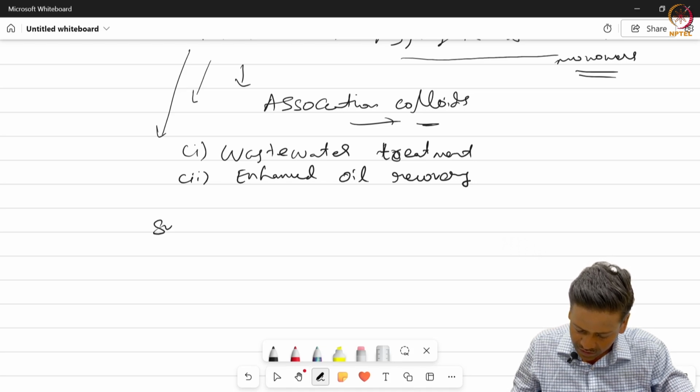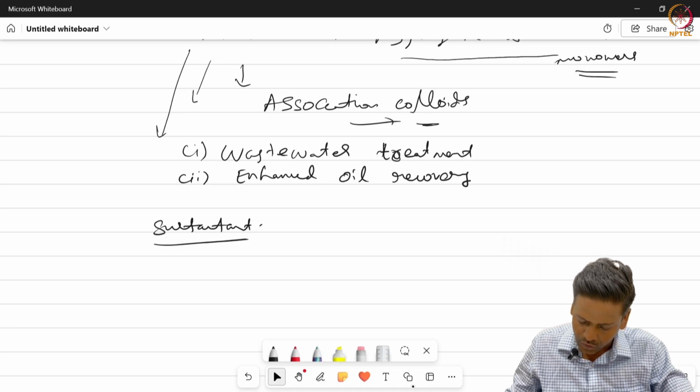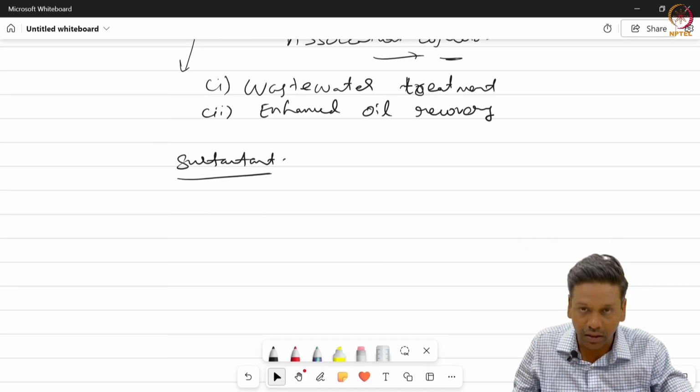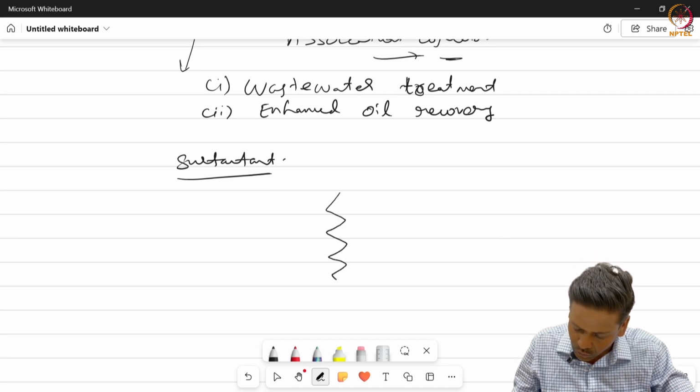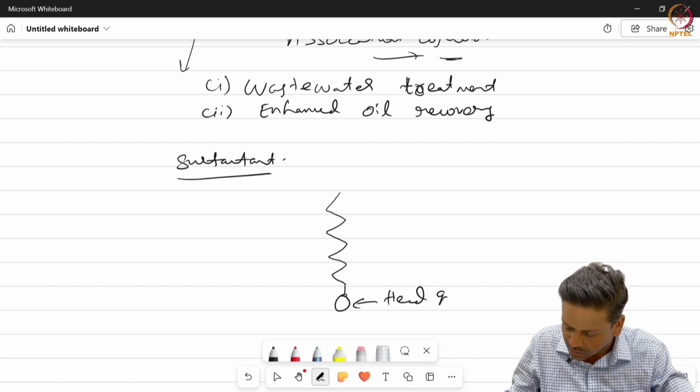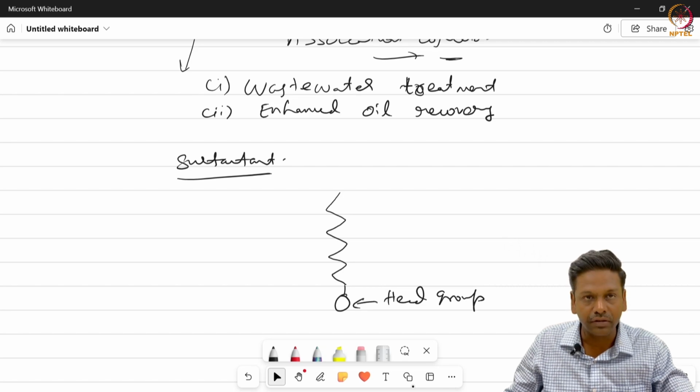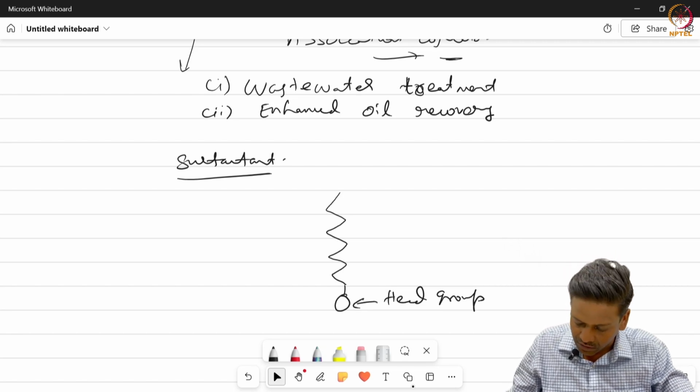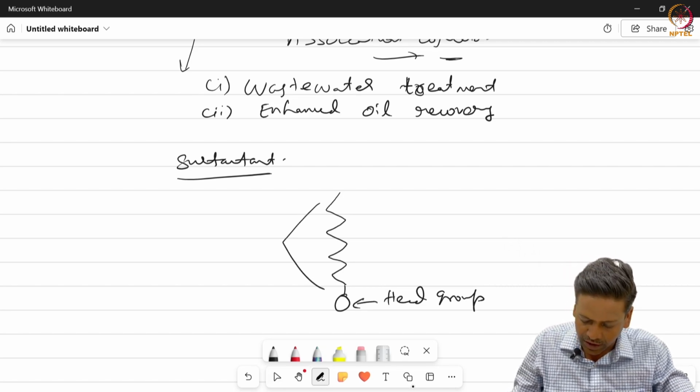Now we will look at the surfactant itself. First, a surfactant is usually an amphiphilic compound. It has got two parts. One is the head group, which is basically hydrophilic in nature, and you have a tail group.